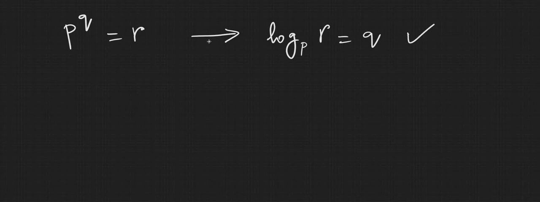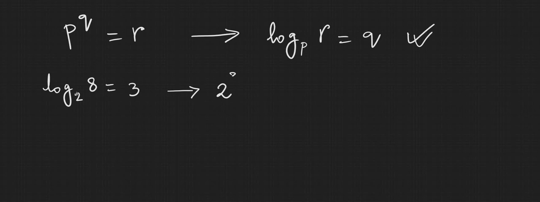Correct, this is right. How about log 8 base 2 equals 3? Do you think this is a correct equation? Yes, it is correct, because we can write this as 2 to the power 3 is equal to 8, which is correct.